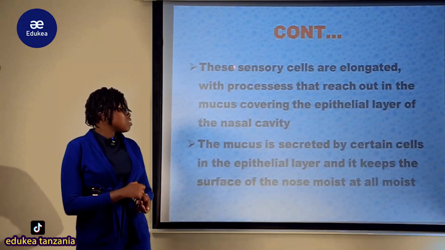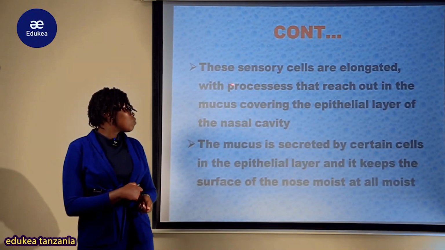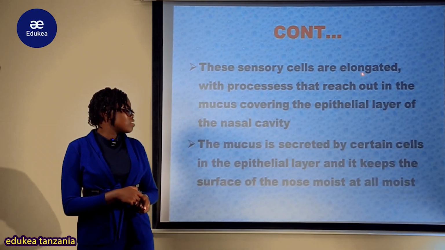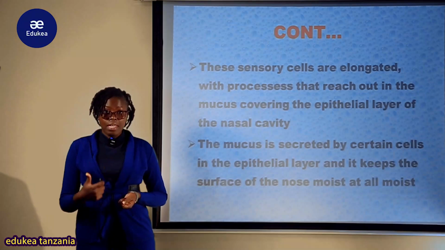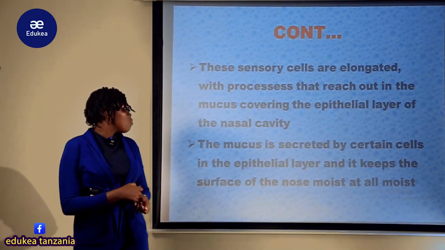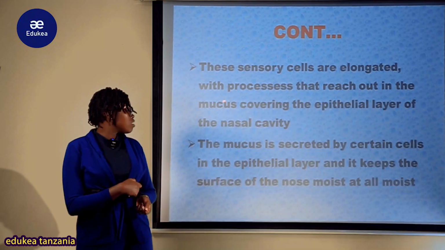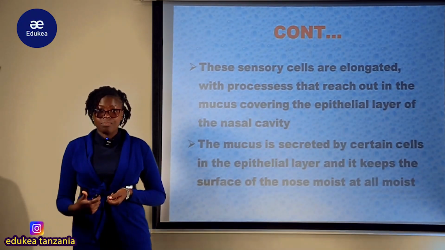So these sensory cells are elongated with processes that reach out into the mucus covering the epithelial layer of the nasal cavity.